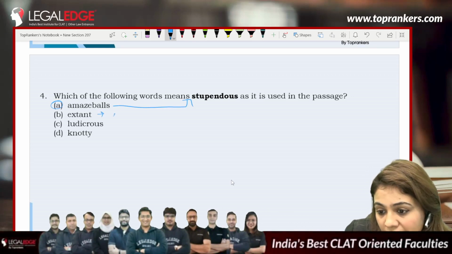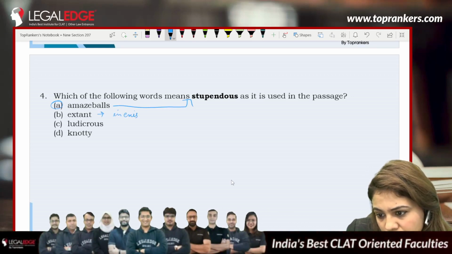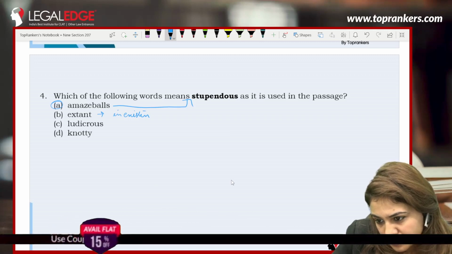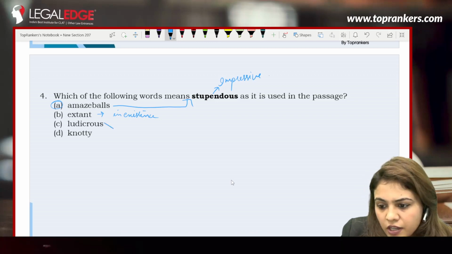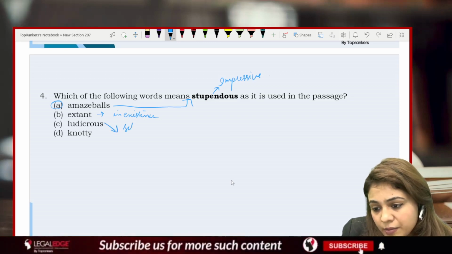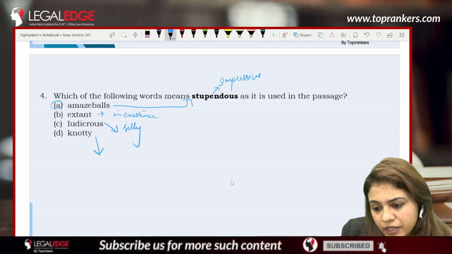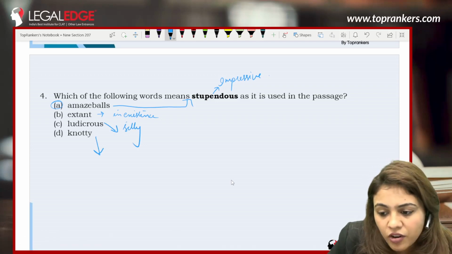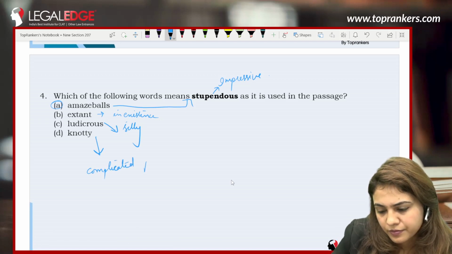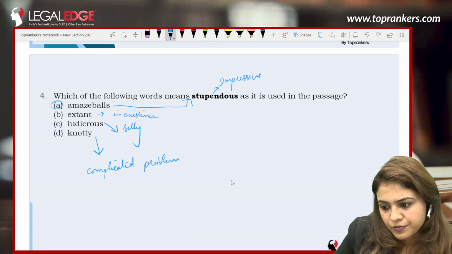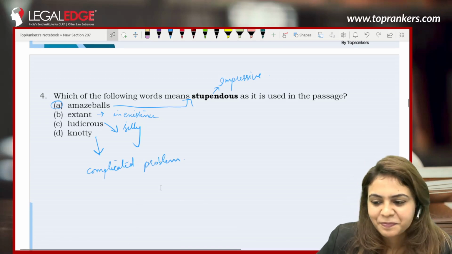Extant का मतलब होता है in existence. Ludicrous का मतलब होता है silly and naughty का मतलब होता है having too many knots or very complicated problem. Obviously, the answer is A.